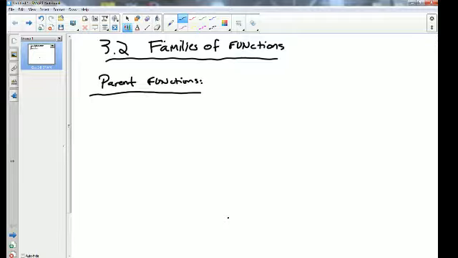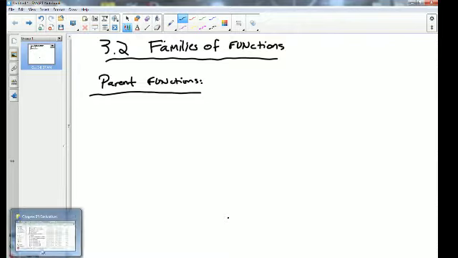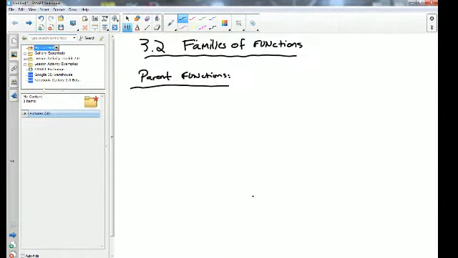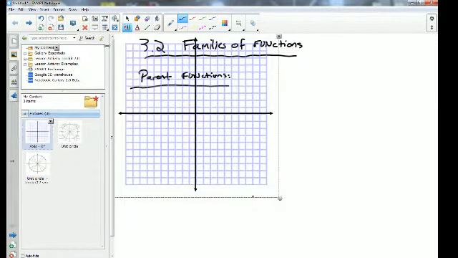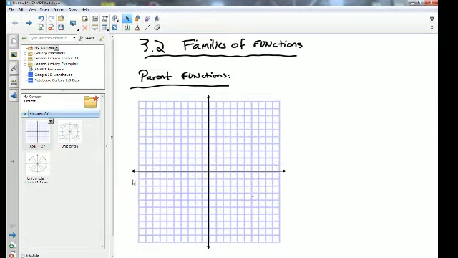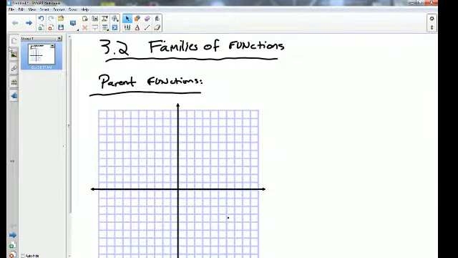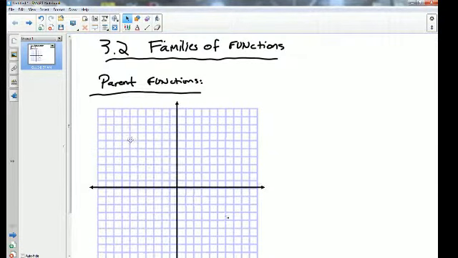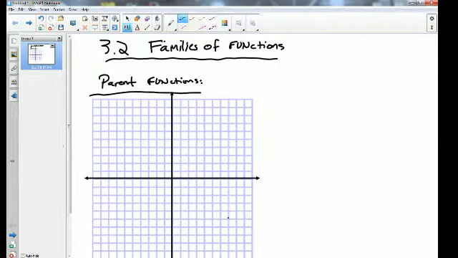Okay, so the parent functions, first of all, we can start with, let me get the grid up here, the constant function. Okay, that would just be a horizontal line.